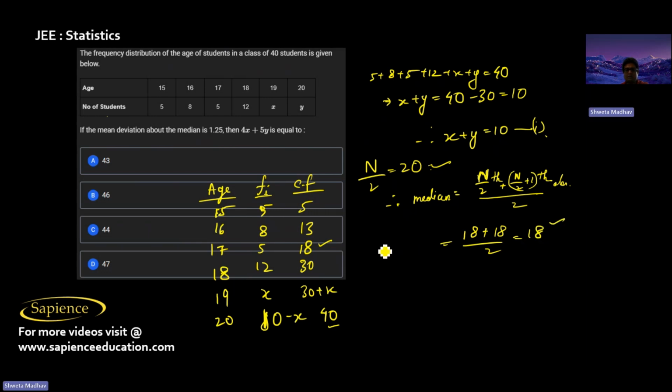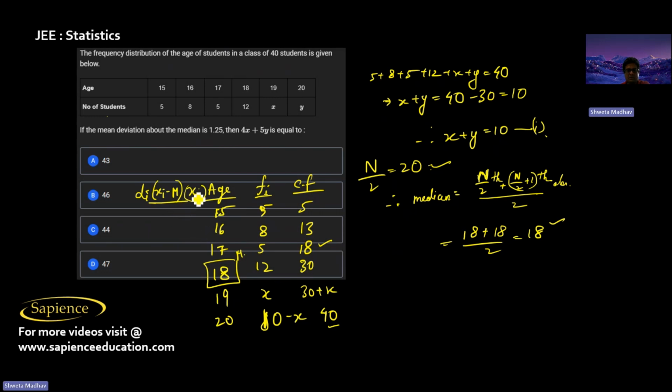So we have to find the mean deviation about the median. The median is 18. So these are xi. We have to find the deviations, that is di, which is xi minus the median value, which is m, which is 18.